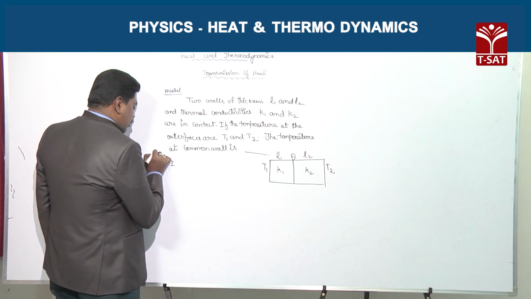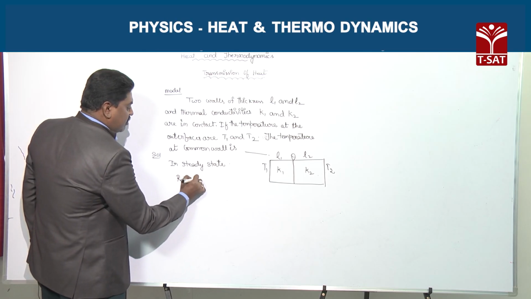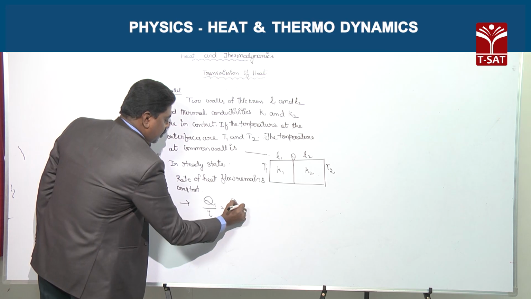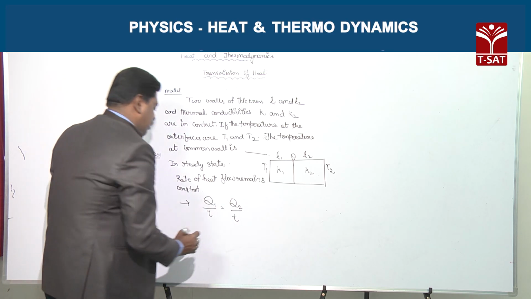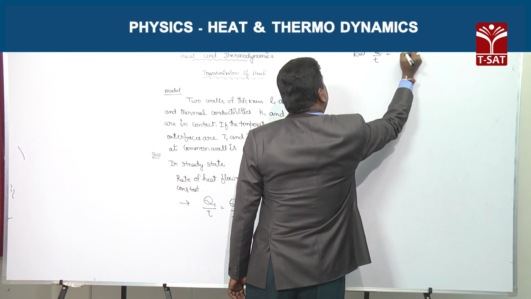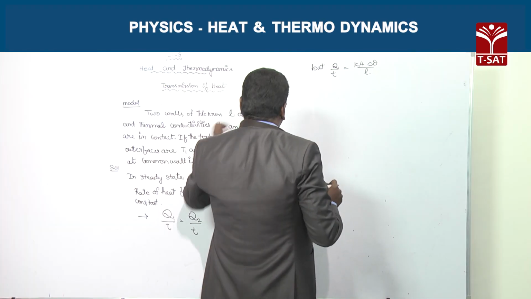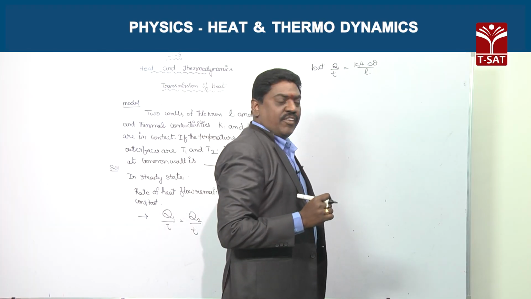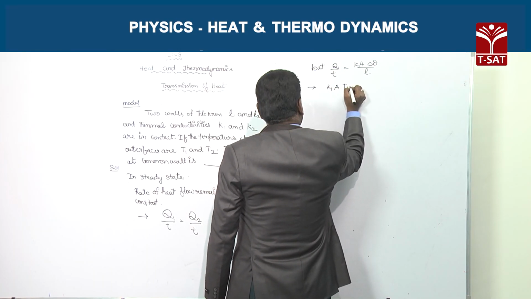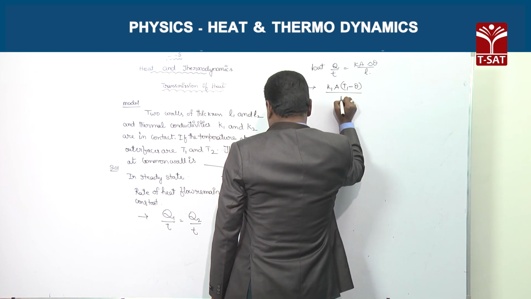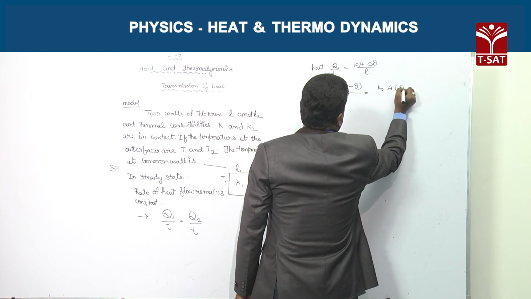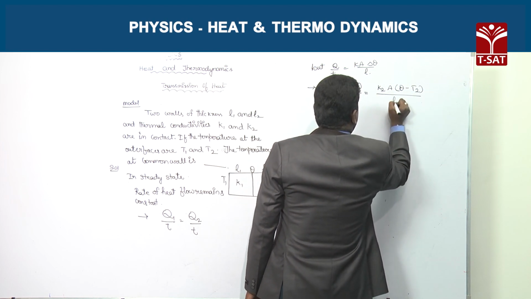In steady state, rate of heat flow remains constant, implies Q1 by T equals Q2 by T, but Q by T equals KA delta theta by L, implies K1 A (T1 minus theta) by L1 equals K2 A (theta minus T2) by L2.